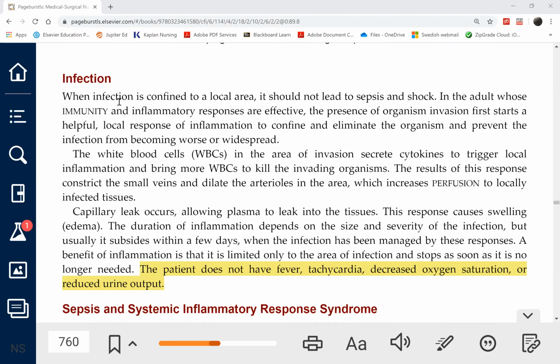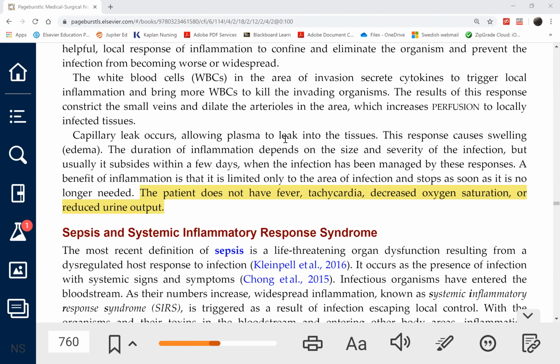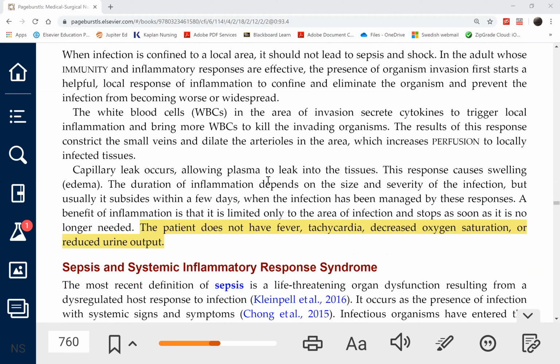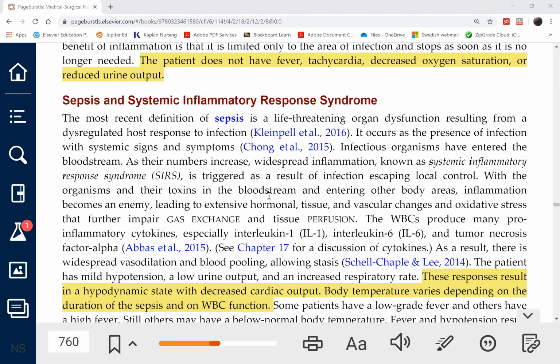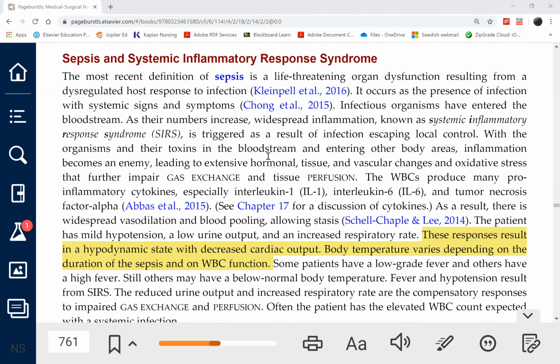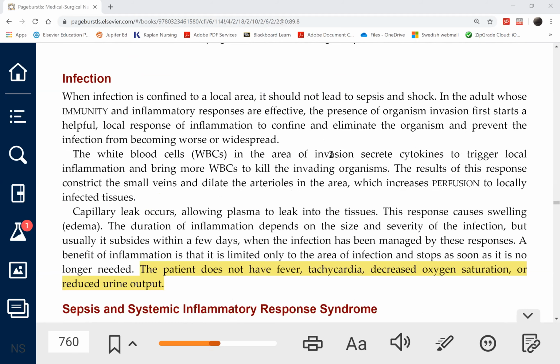So here it explains the stages. Local infection, no systemic symptoms yet. Once you have a systemic infection, then you'll have systemic signs. The signs and symptoms, by the way, are not listed in this chapter. They're listed under burns, which we will do at our next class.